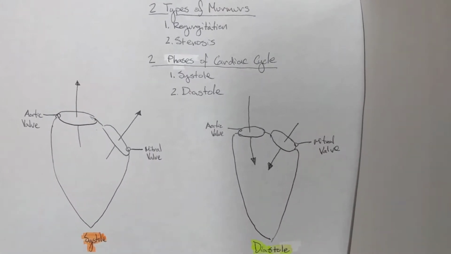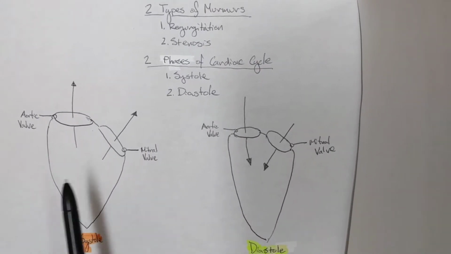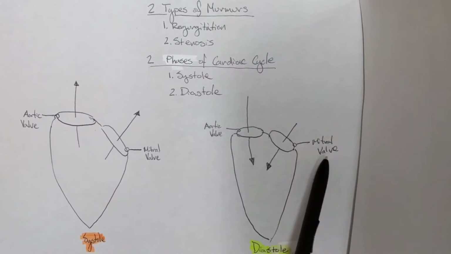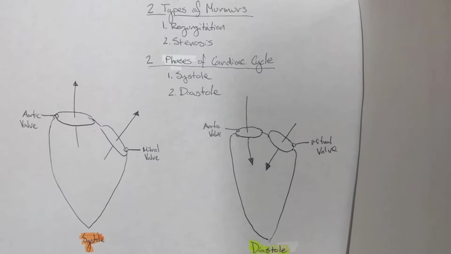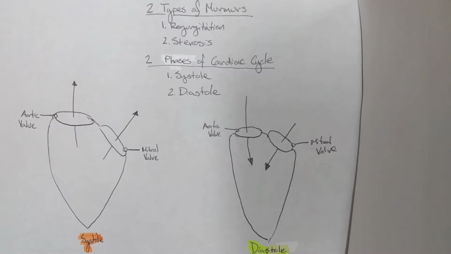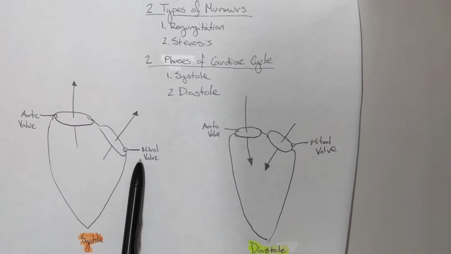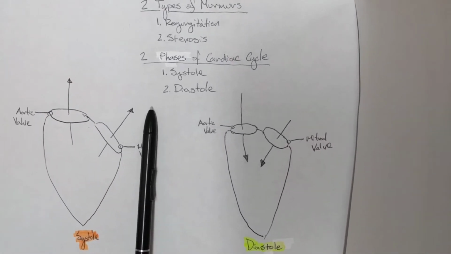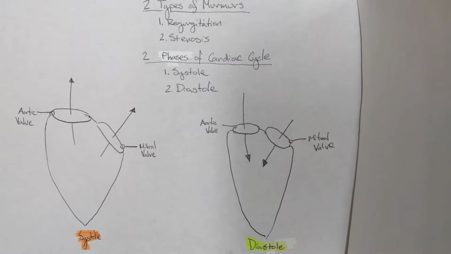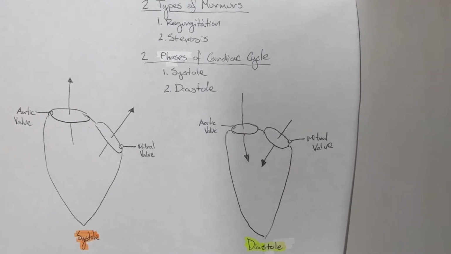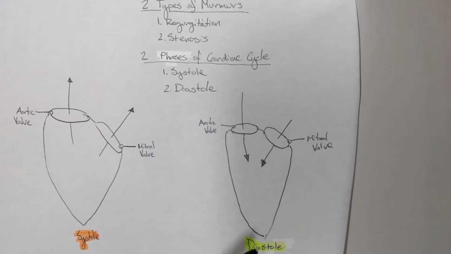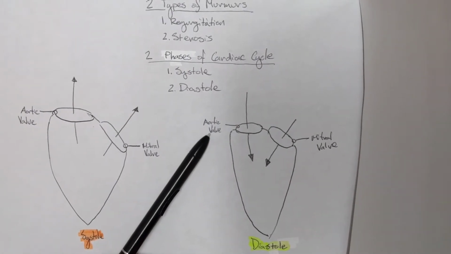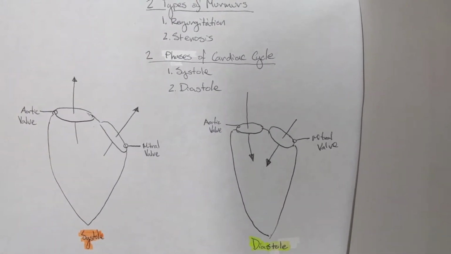And similarly, during diastole, if you hear a murmur from the mitral valve, it's also going to be a stenotic murmur. In contrast, during systole, if you hear a murmur from the mitral valve, it's going to be a regurgitant murmur. And similarly, during diastole, if you hear a murmur from the valve that should be closed during diastole, the aortic valve, that's going to be a regurgitant murmur.